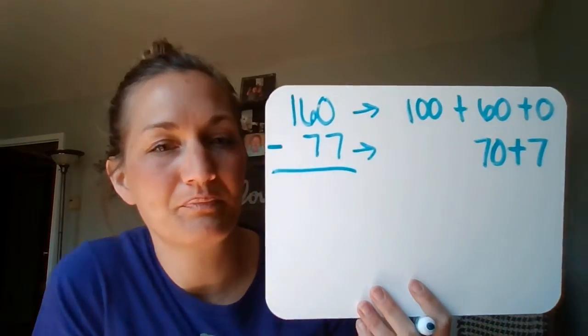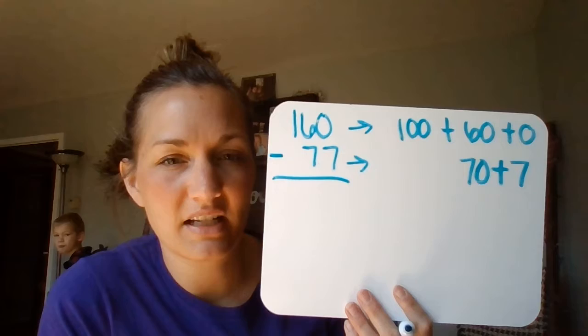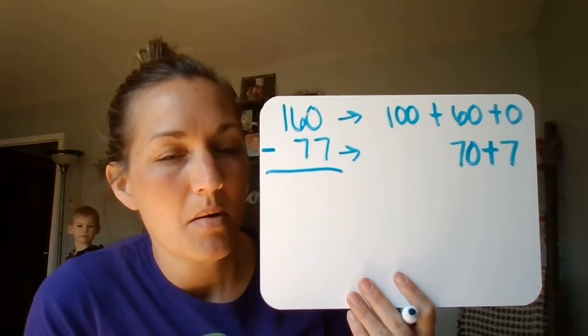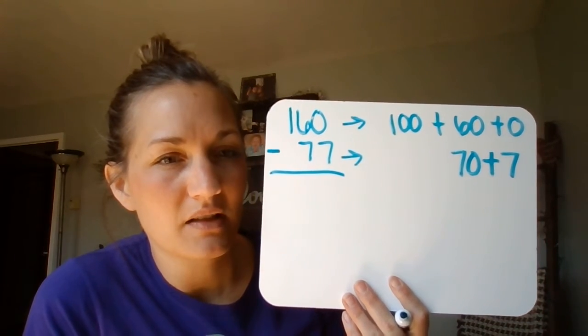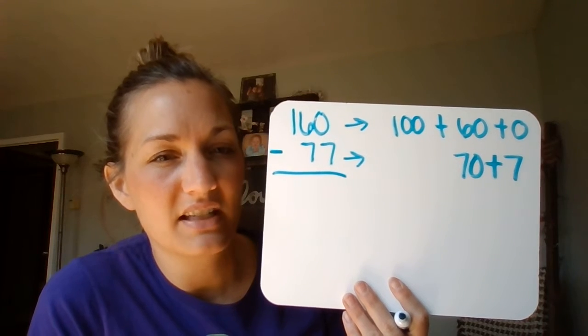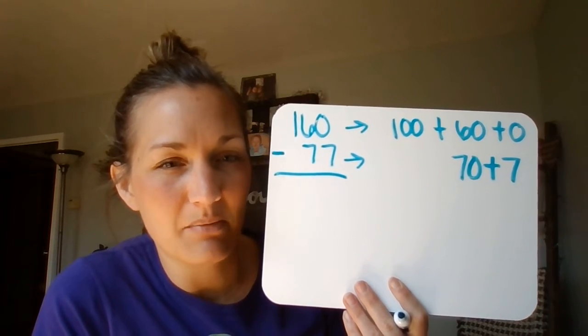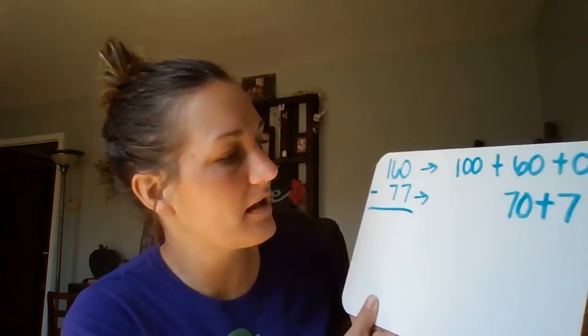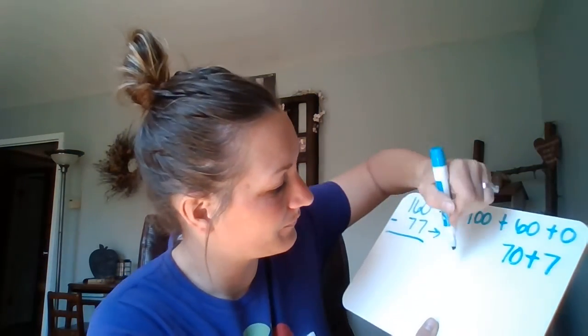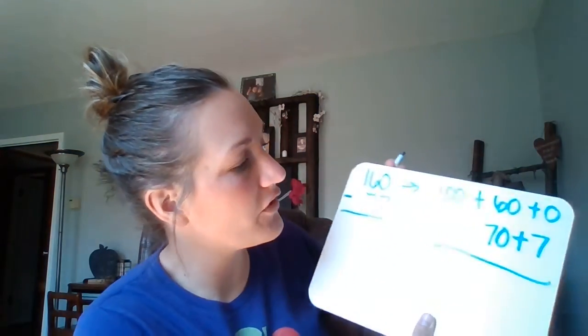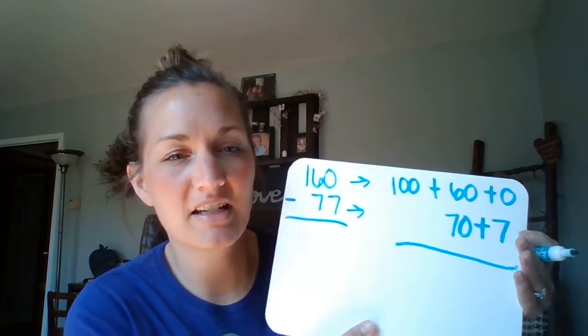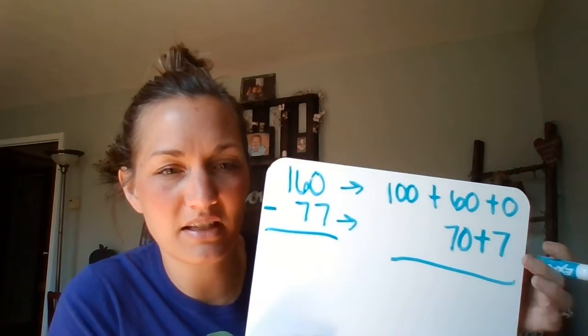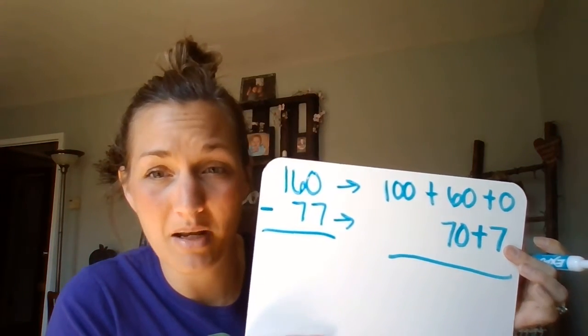So here we go. I have my numbers in expanded form. 100 plus 60 plus 0. And then I have 77 in expanded form as well. 70 plus 7. Okay, got to draw my line here. So now we look here, and we can see that our top number is smaller than our bottom number.